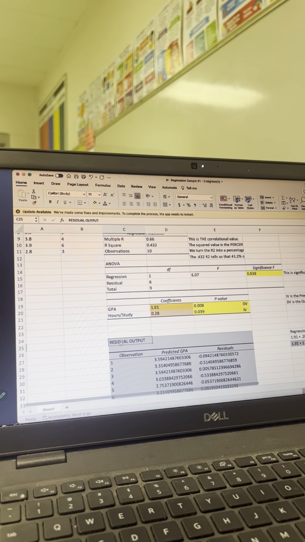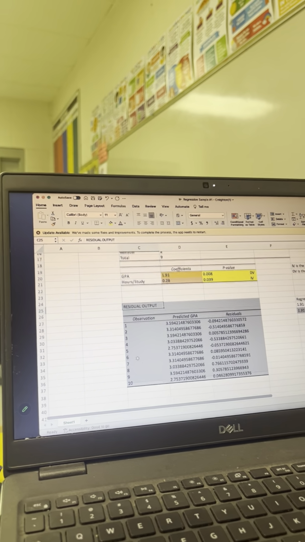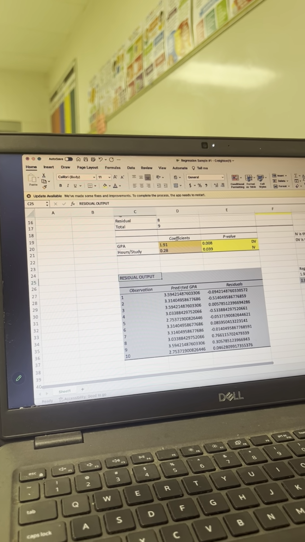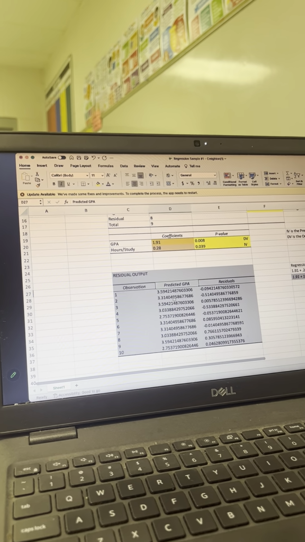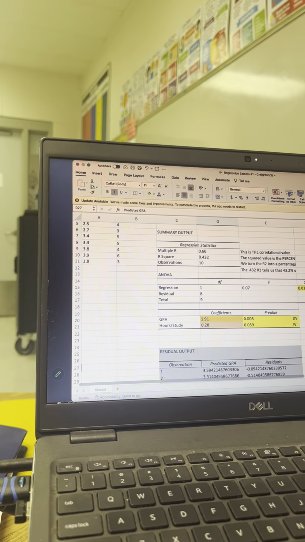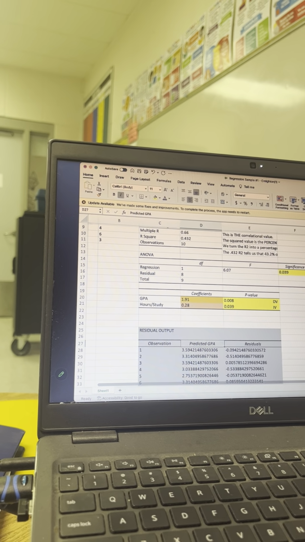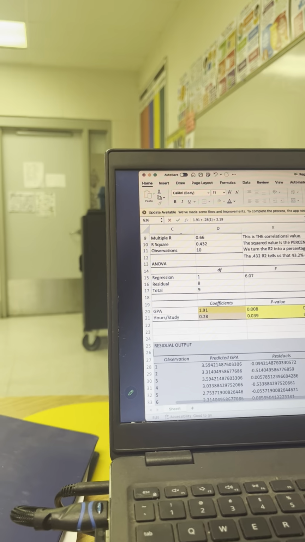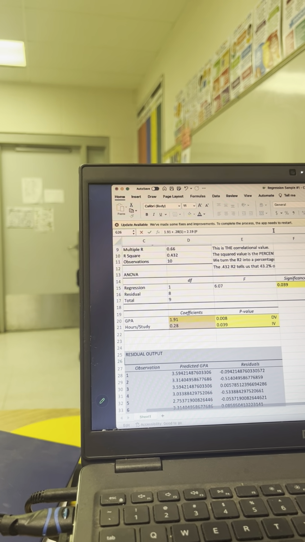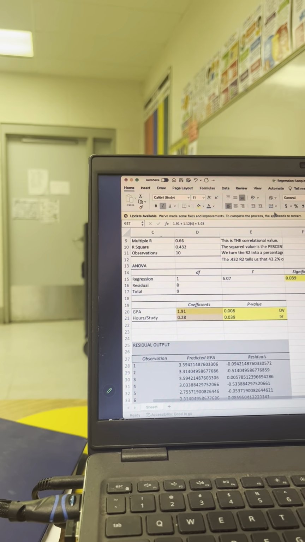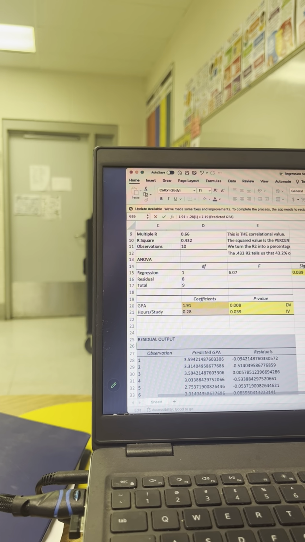Okay. So this residual output table, it's generated just by clicking a button, and what it does, it predicts what the GPA should be for that kid. But that's what the regression model is, right? This is a prediction. So when I say 1 hour, this is the predicted GPA. That makes sense?